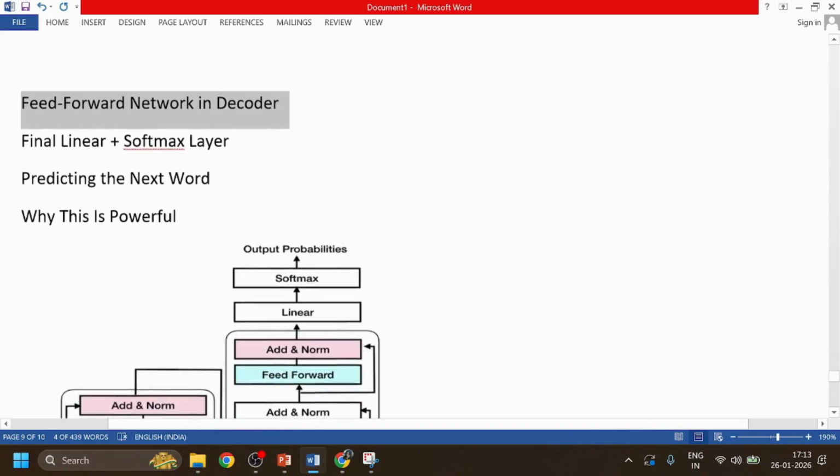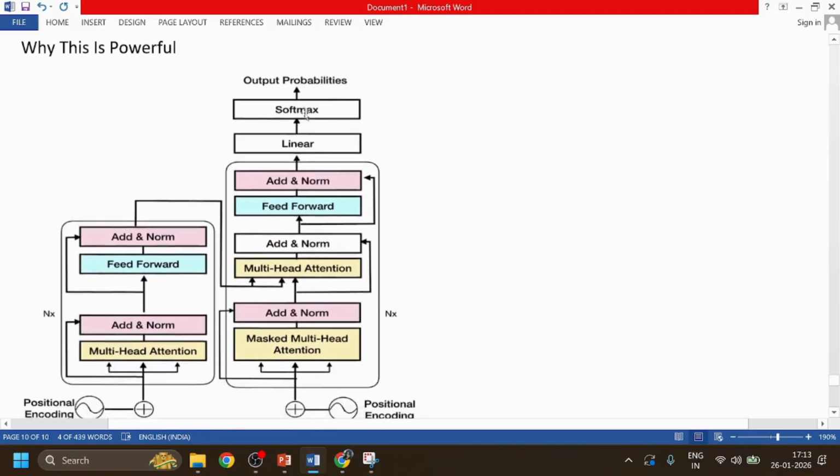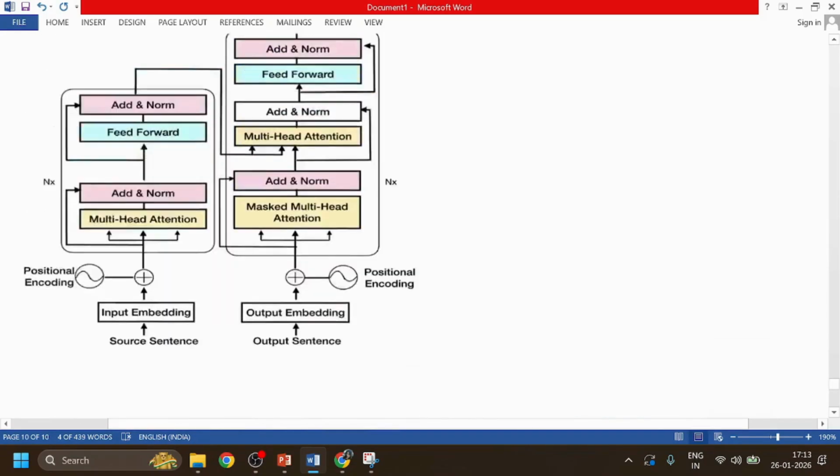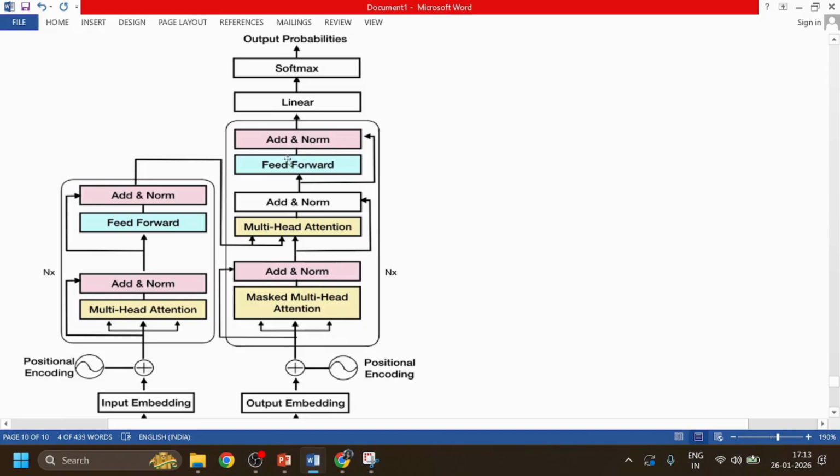After this we are going to move to the feed forward network, which you can see here, after taking information from the other tokens. I'm going to explain this.